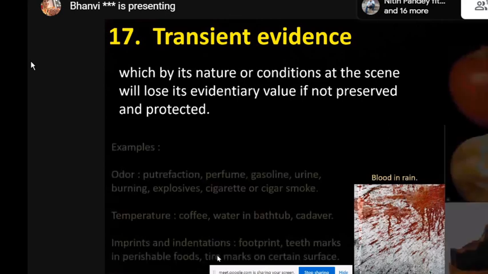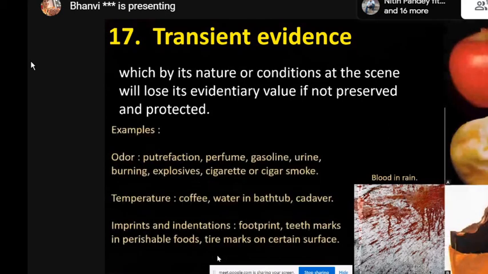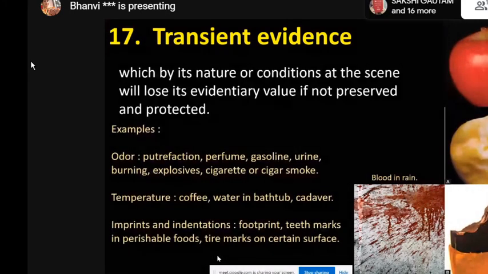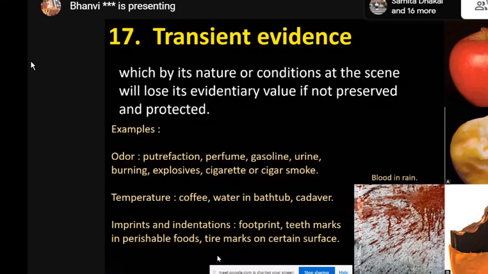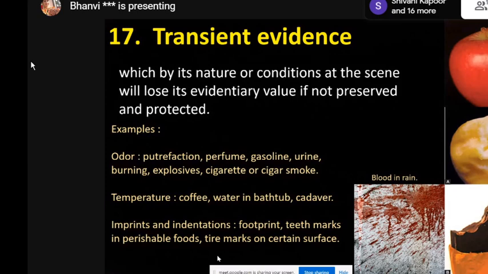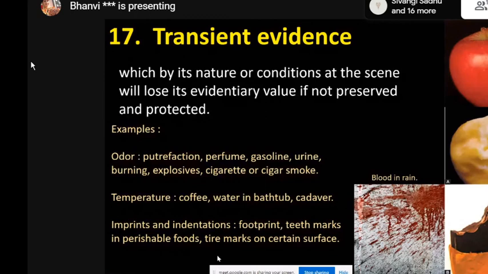For example, odor: putrefaction, perfume, gasoline, urine, burning explosive, cigarette and cigar smoke; temperature: coffee, water in a bathtub, and a cadaver; imprints and indentations: footprints, teeth marks in perishable foods, tire marks on certain surfaces.